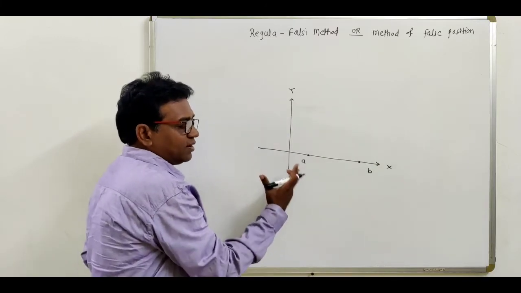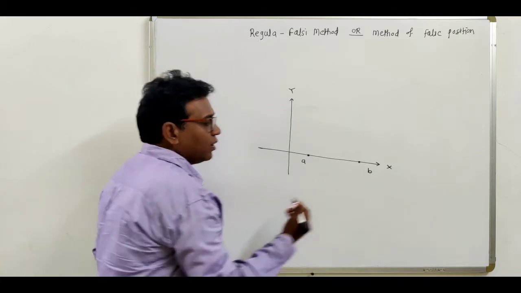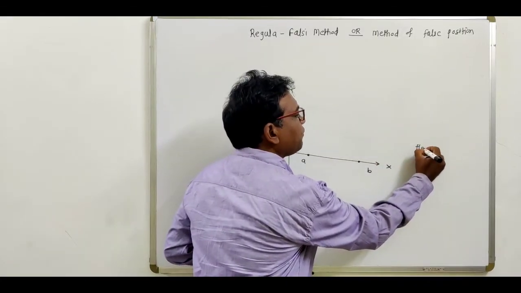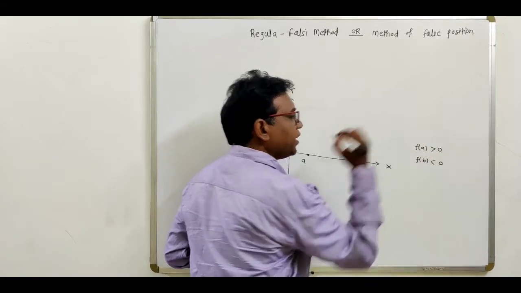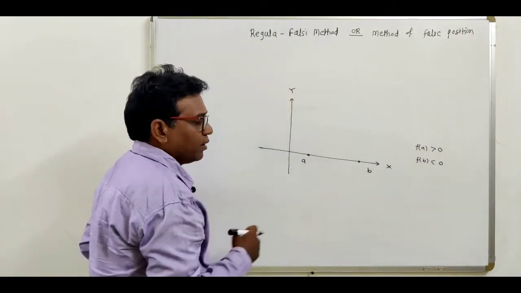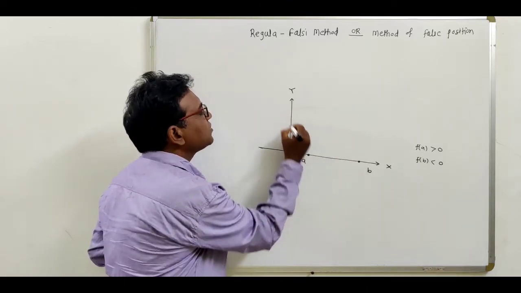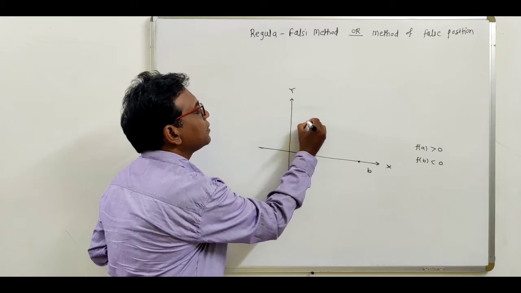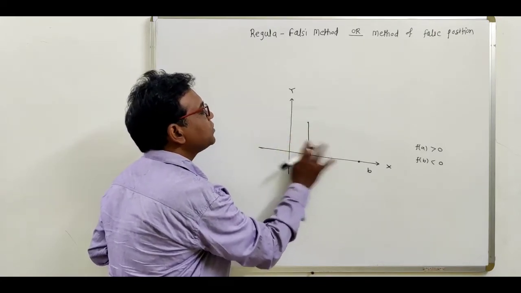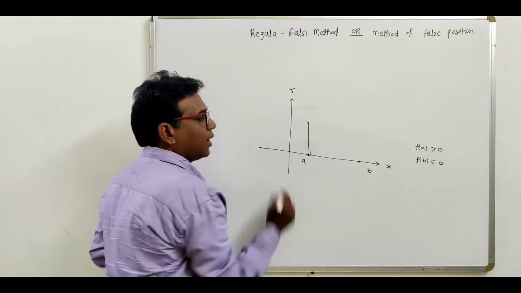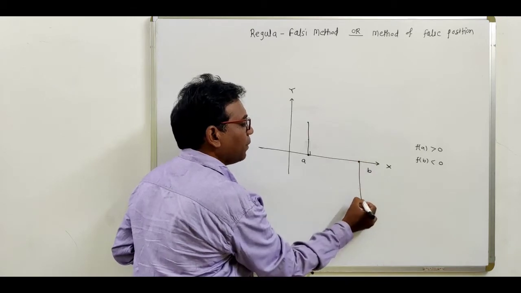Obviously the functional values f(a) and f(b) are of opposite sign. Let us suppose that f(a) is positive, so suppose this is our f(a), a positive functional value, and f(b) has a negative functional value. Suppose this is our f(b).